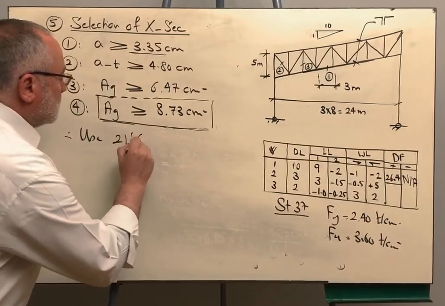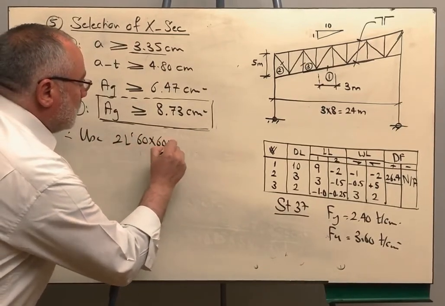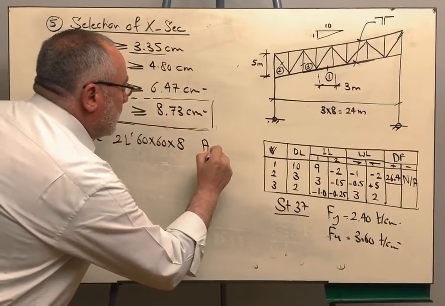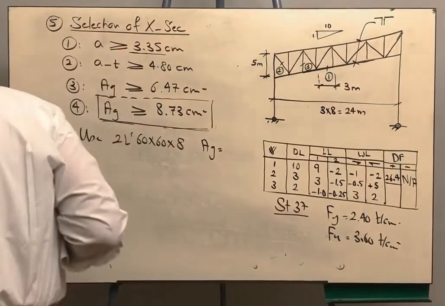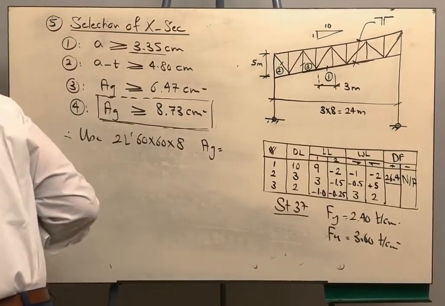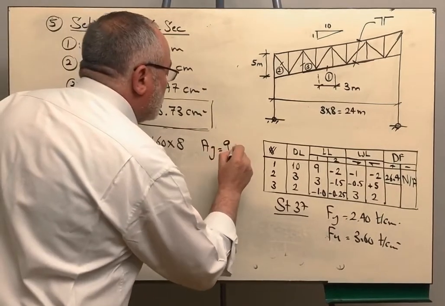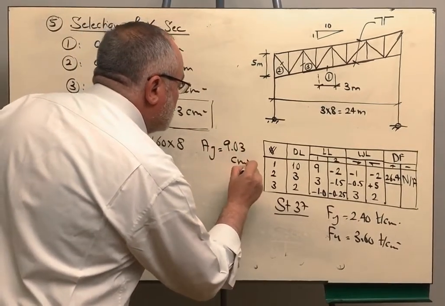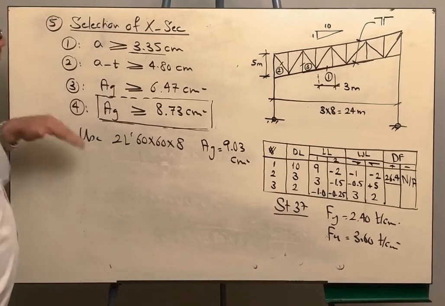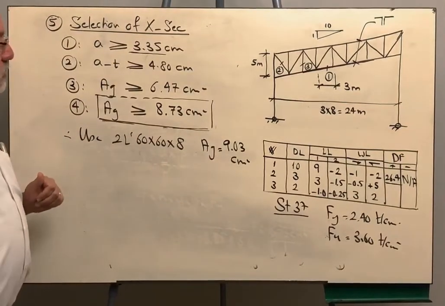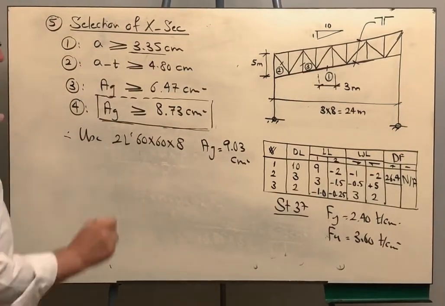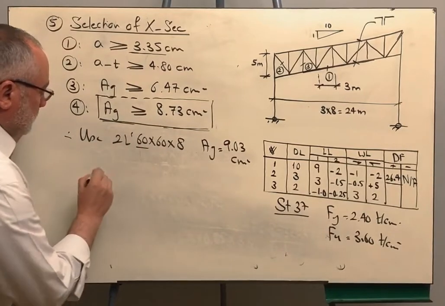2 angles, 60 by 60 by 8, and the area of which we get from the table is 9.03 centimeter square. Before we go into checking for the net section fracture, let me show you here. What is the value of A?